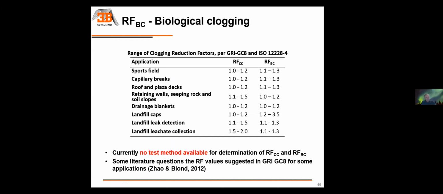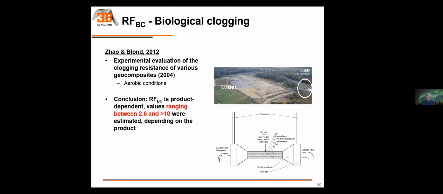However, I would like to mention that I did contribute to a publication which was questioning the relevance of these numbers for some applications and for some products. In 2012, we observed, based on experimental observation, that values between 2.6 and more than 10 would have been more appropriate depending on the structure of the product.